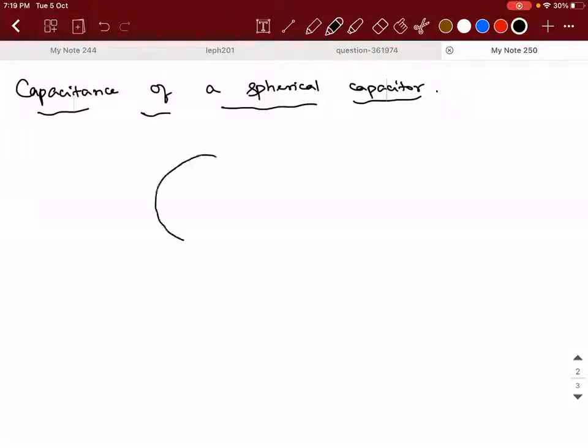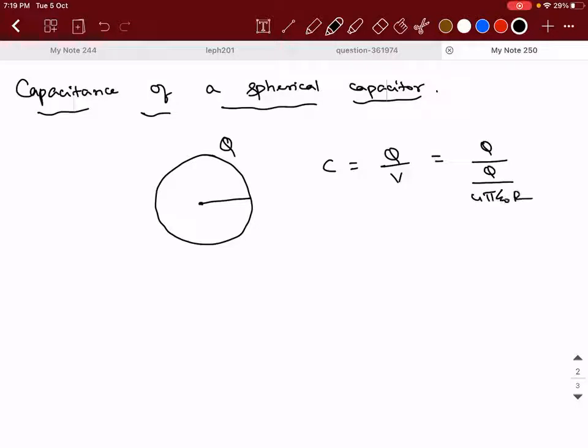When you take a capacitor and give charge to it, what is the basic formula of capacitance? Capacitance is Q divided by V. So Q divided by, what is the potential of a charged spherical shell? It is Q divided by 4 pi epsilon naught R. So Q and Q will get cancelled. So C is equal to 4 pi epsilon naught R.